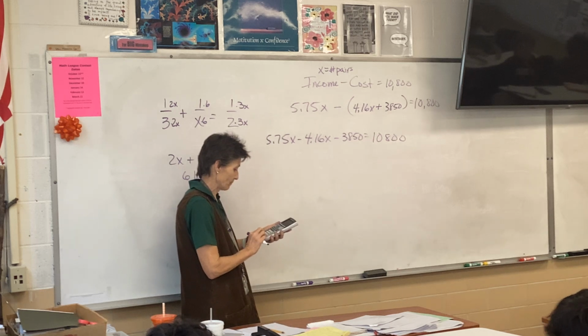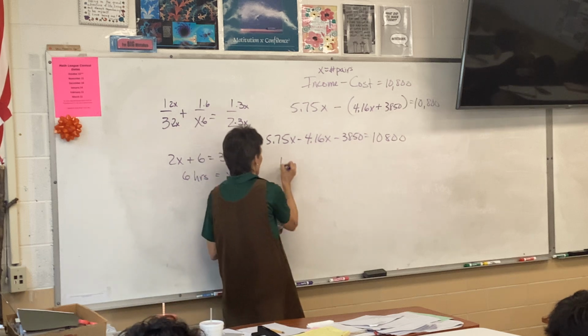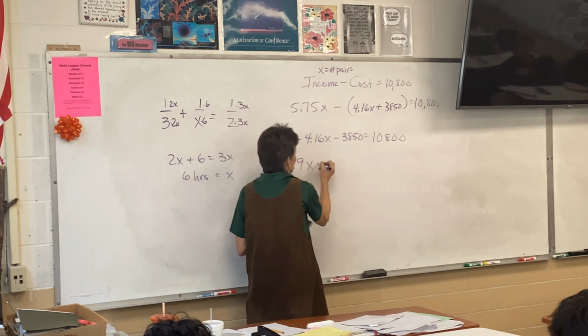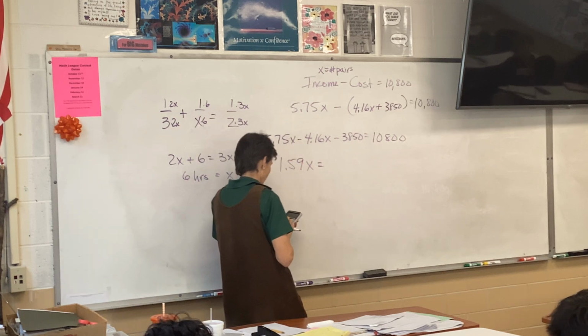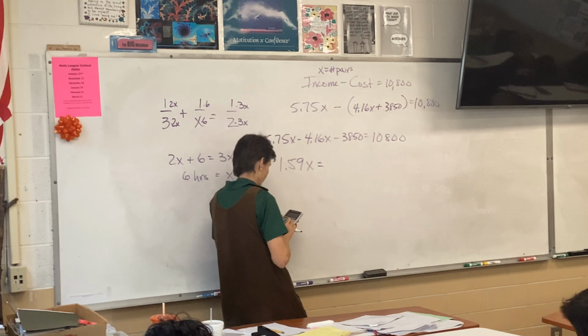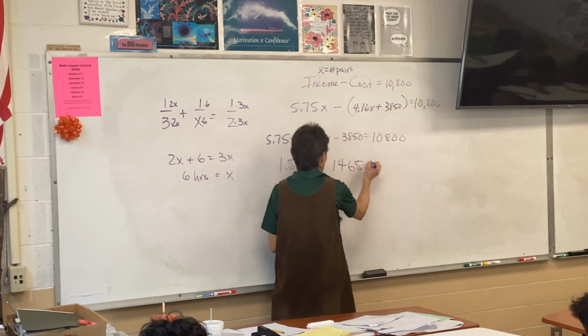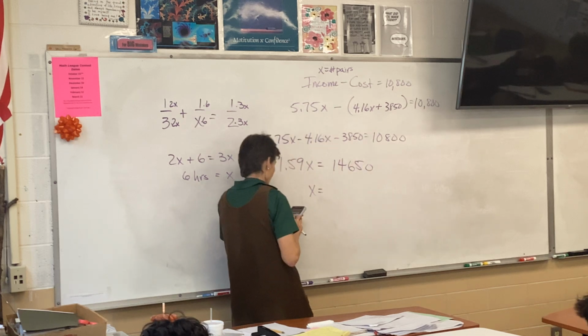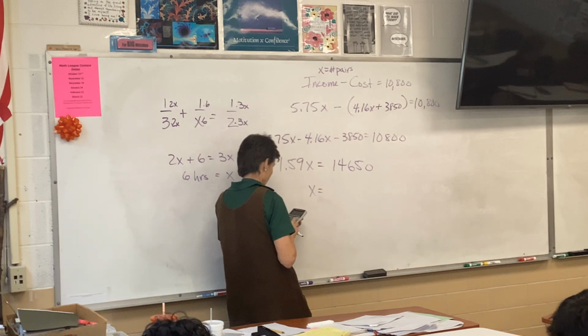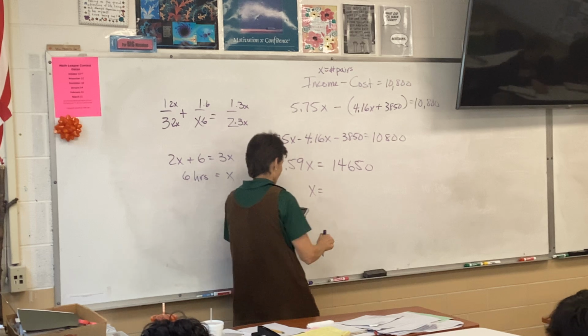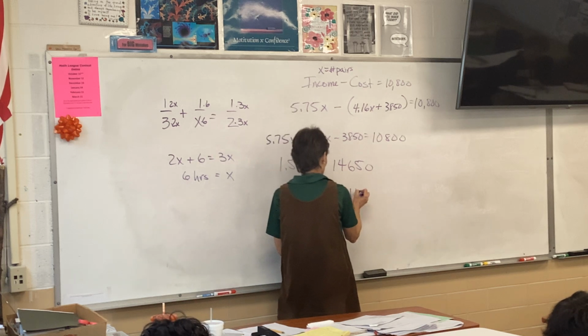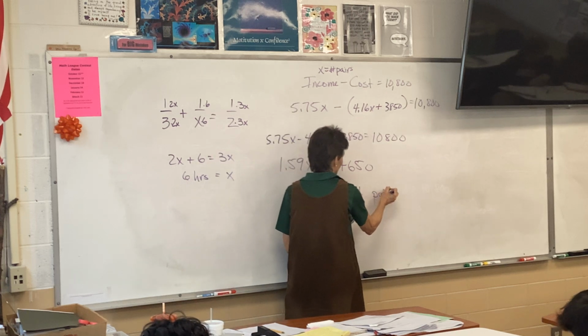So 1.59x equals 146.50. He's gonna make a lot of socks. 9,214 pairs.